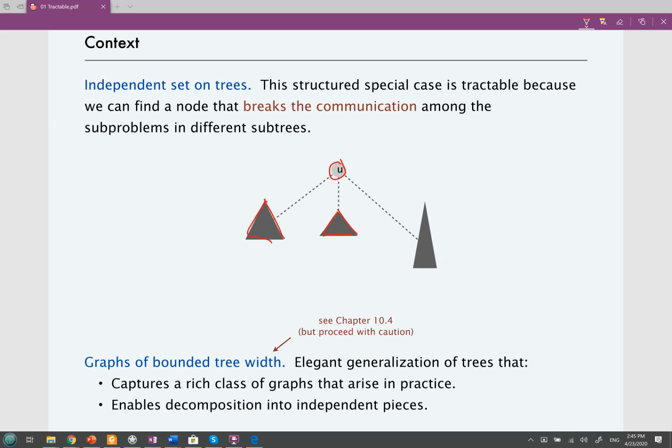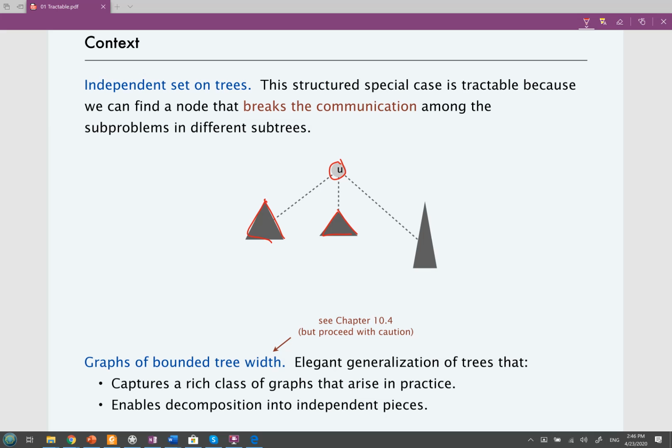Okay, one more thing I want to mention is that for this algorithm, we only talked about how to do it on independent sets. But there are many other NP-complete or NP-hard problems where, when you restrict them to trees, you can apply a similar methodology as what we used over here.